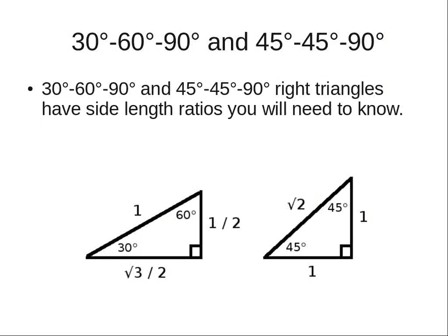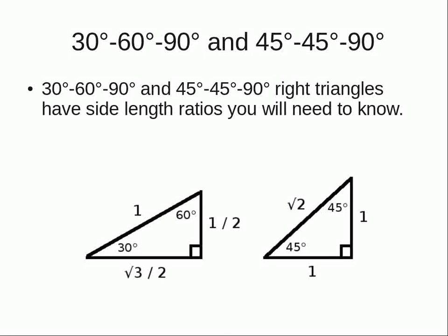Okay, whatever the hypotenuse is of your 30, 60, 90 degree triangle, the smallest side will be half that length, as in the diagram. Okay, the other side will have a length which is the square root of 3 times the length of the smallest side, or in the diagram, square root of 3 divided by 2.